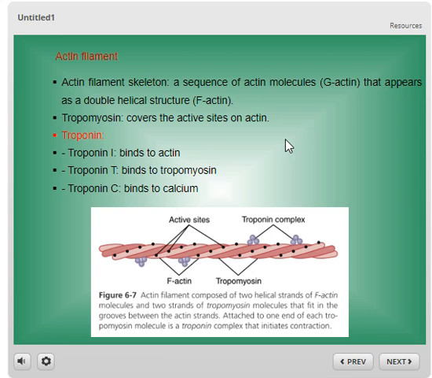As you see in this picture, it shows the actin filament composed of two helical strands of F-actin molecule and two strands of tropomyosin molecule that fit in the grooves between the actin strands, attached to one end of each tropomyosin molecule is a troponin complex that initiates contraction.